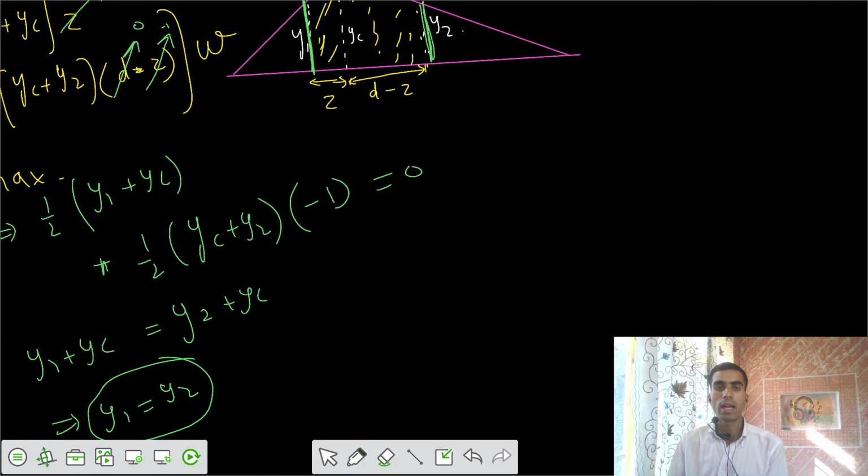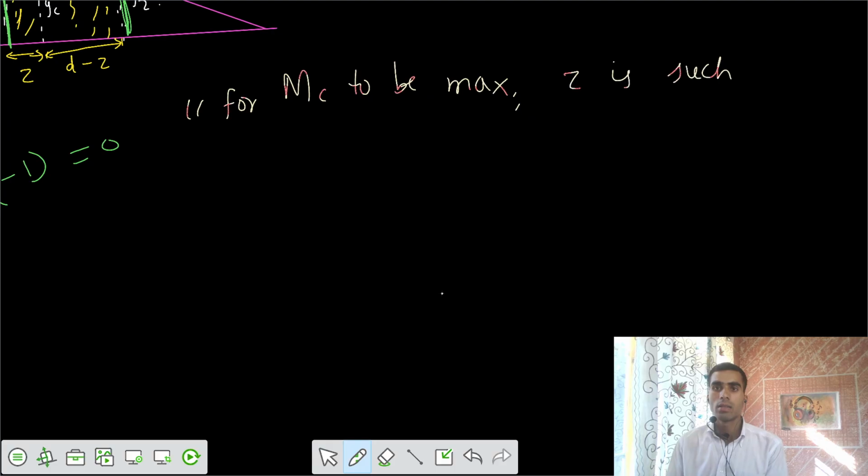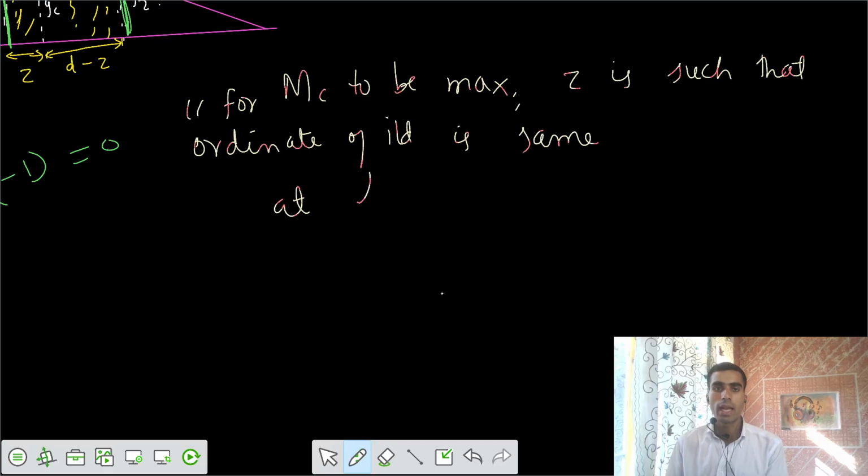So the conclusion is, and this is a critical thing that we have, let's write the conclusion: that for moment at C to be maximum, the loading should be such that the value of Z should be such that the ordinate of ILD for bending moment is the same at the tail and head of that UDL.